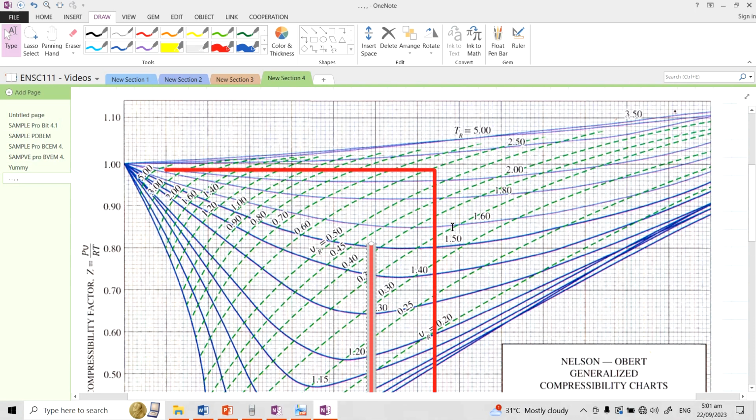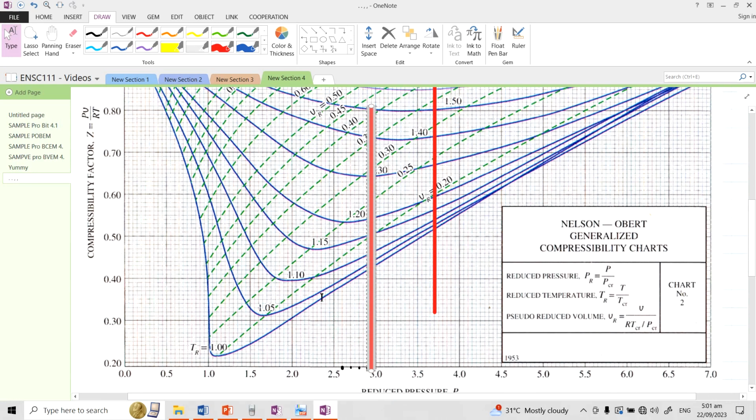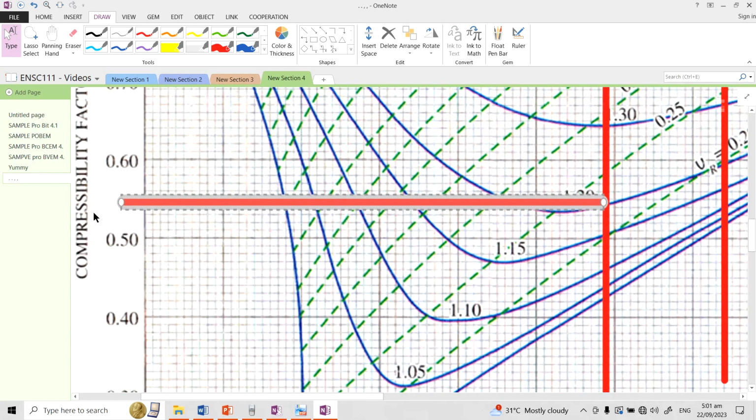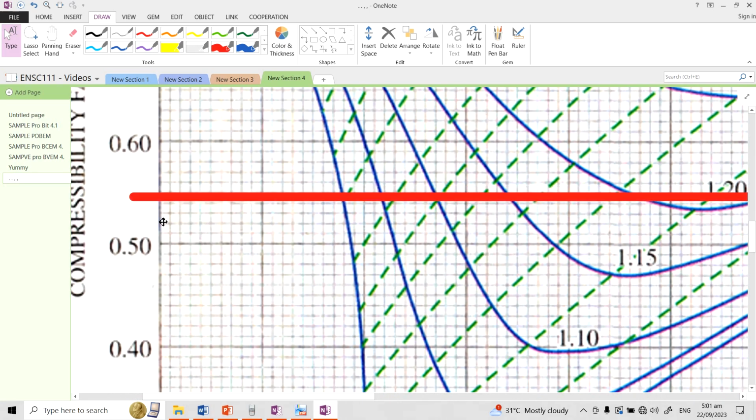Here's 1.1, 1.15, 1.2, so here is 1.2. Then the value is around 0.5 something, so let's say 0.55.